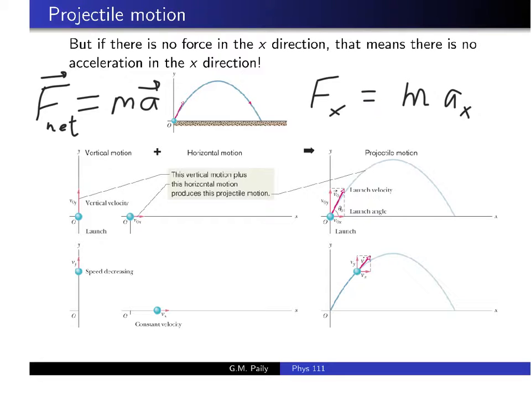And if there is no acceleration in the x direction, this means that the x component of the velocity, vx, will be constant. After all, acceleration is the rate of change of velocity. So if the acceleration is 0, that means the velocity is not changing. But this only applies in the x direction.